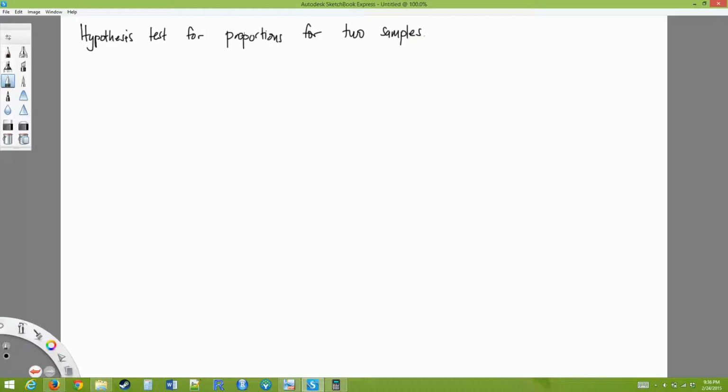Previously, you had a hypothesis test for proportions for 1 sample. Now we're dealing with 2 samples. So your hypotheses, well, this is one nice thing. Your null hypothesis H0 is always going to be P1 minus P2 is equal to 0, or it could also be written, saying the exact same thing, P1 is equal to P2.